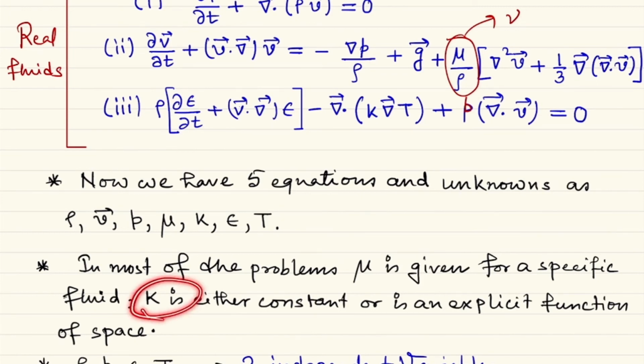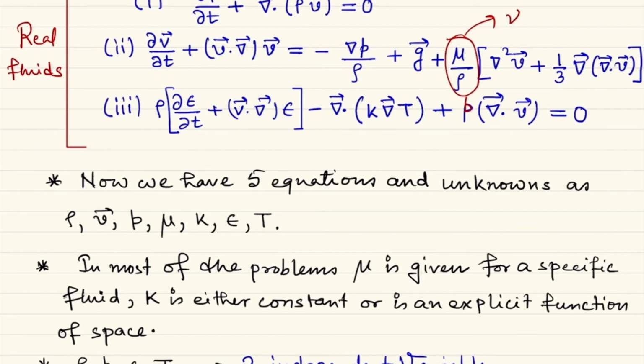K is either a constant or an explicit function of space. So you can always write that K is, let's say, proportional to R to the alpha. Then if you are just doing some integration, this is an explicit space dependence, so it does not add to the complicacy of the unknown variables.